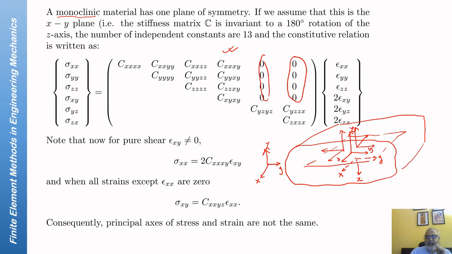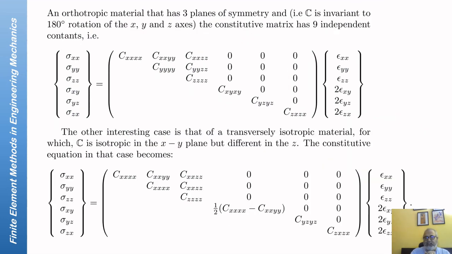In that case, the material is called orthotropic, and it has not one but three planes of symmetry. And many materials, rocks, for example, composite materials, many of them are indeed orthotropic, naturally orthotropic materials, and composites are synthetic orthotropic materials.